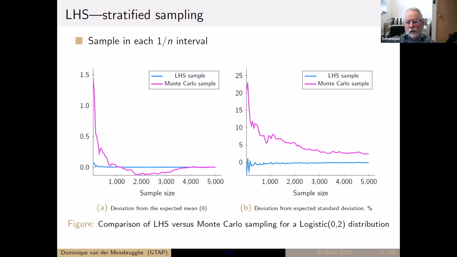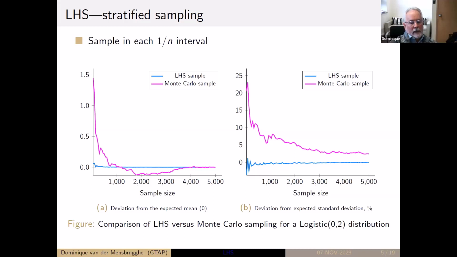So if you want 100 observations, you're going to cut your interval 0 to 1 into 100 different ranges, and then you sample from each of those subranges. The advantage of that strategy is that you're guaranteed to cover the entire range of your CDF.